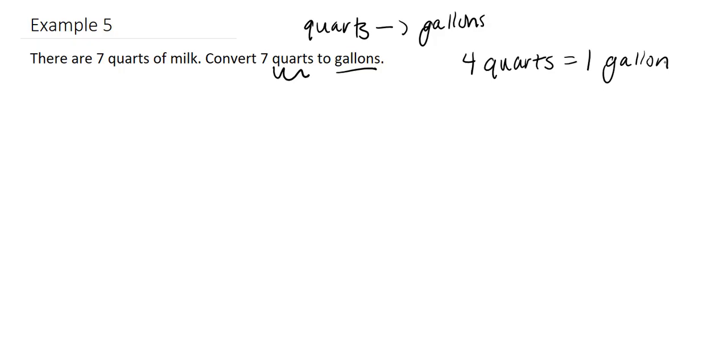That's kind of easy to remember. If you think about quarters, how many do you need to get to $1? Well, you need 4 quarters. So 4 quarts to 1 gallon.